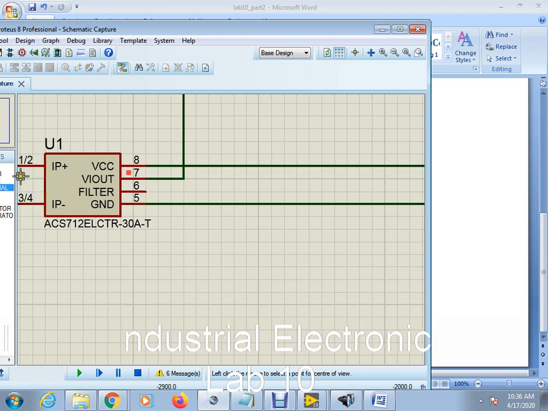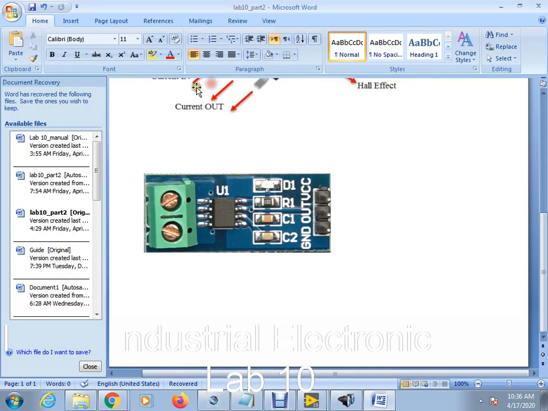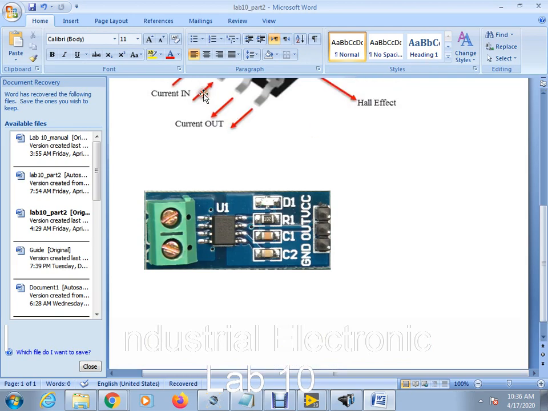Positive and negative are connected to this one, and this is the output pin.